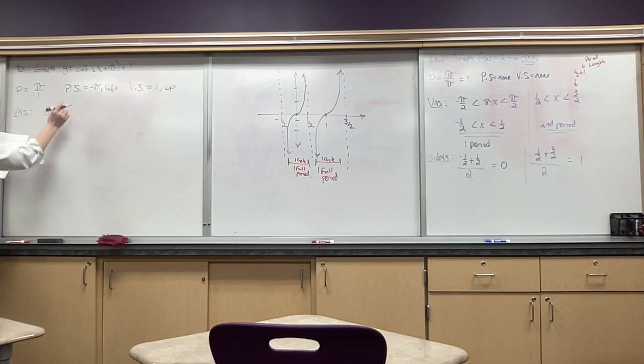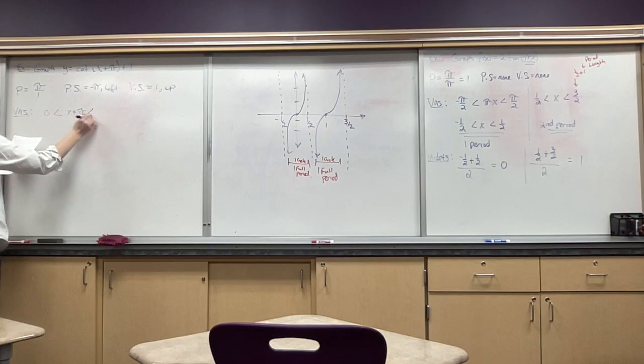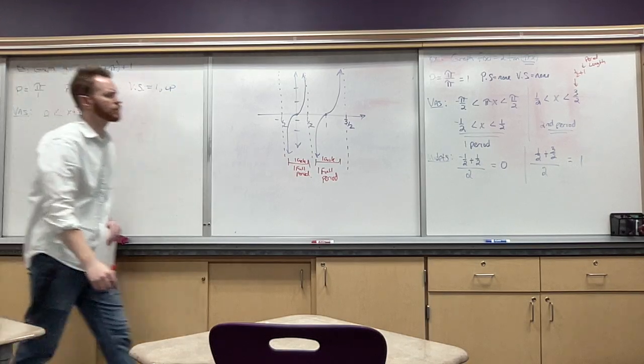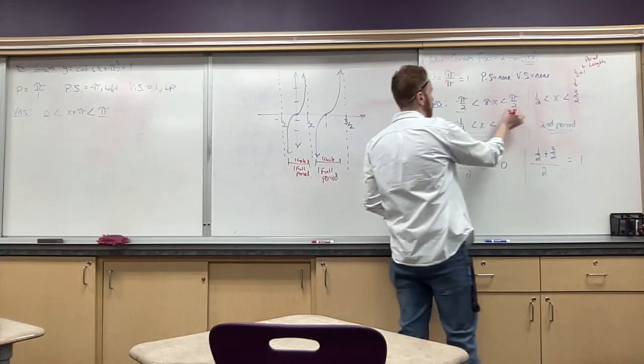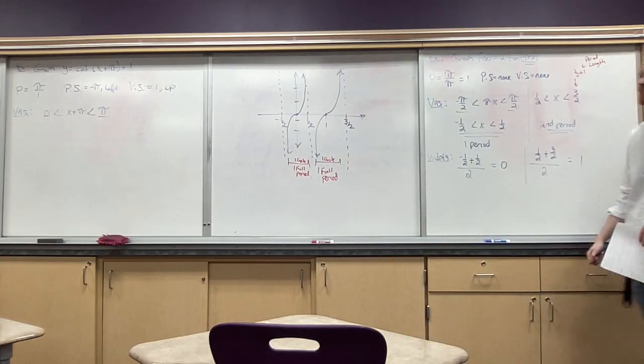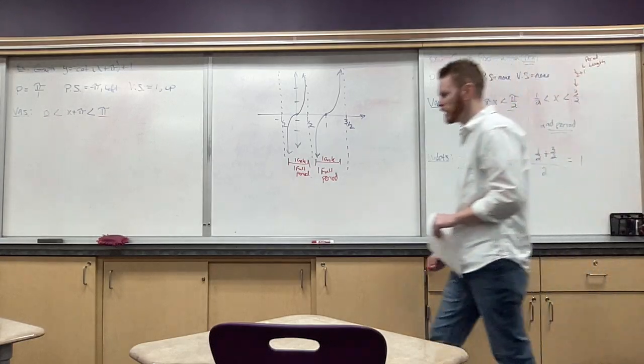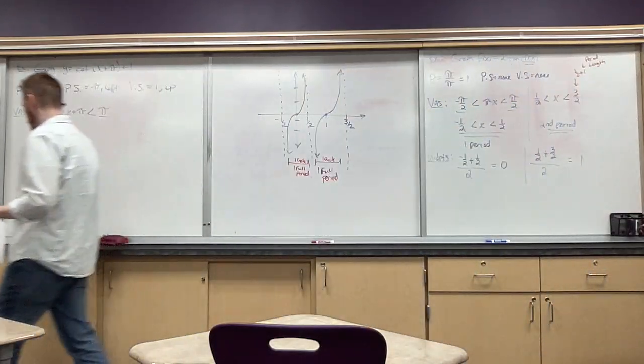So it's going to be 0 less than whatever's here, so x plus pi, and then less than pi itself. So just be careful. Cotangent is 0 to pi, and then tangent is negative pi over 2 to pi over 2. That's the only huge thing you've got to make sure you distinguish. The rest of the process is the same. It just depends on where the values repeat.